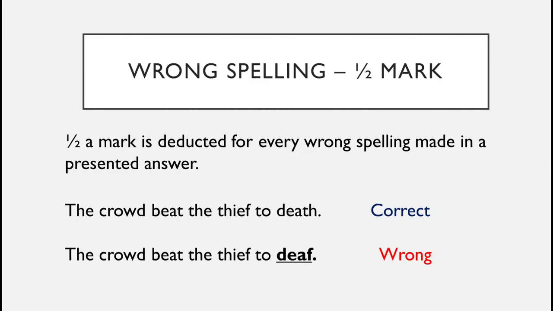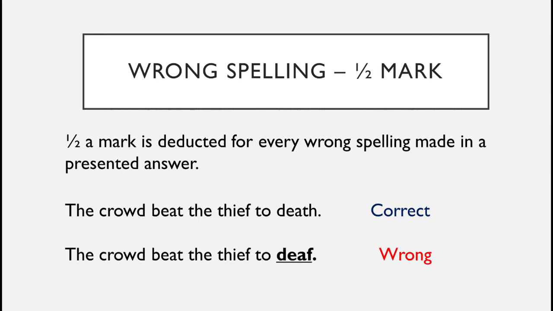Rule number 1. Wrong spelling. With regards to wrong spelling, examiners are advised to deduct half a mark from every presented answer containing wrongly spelled words. Much scrutiny is placed on the little mistakes you make in this section, and so there are no considerations for spelling words wrongly. Yes, your answer may be right, but you don't expect the examiner to correct the mistake you've made.